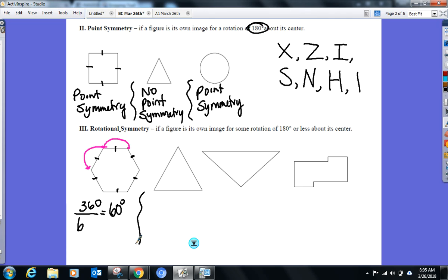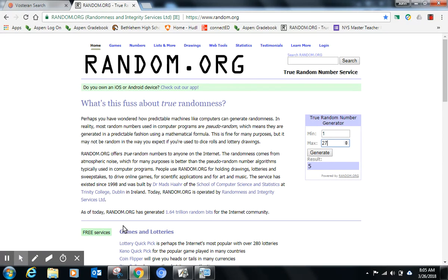Okay? Everyone all right? What about this? I believe we did one already, but equilateral triangle. It has rotational symmetry. What is that degree measure less than 180 that I can rotate it? And how are we finding it out?